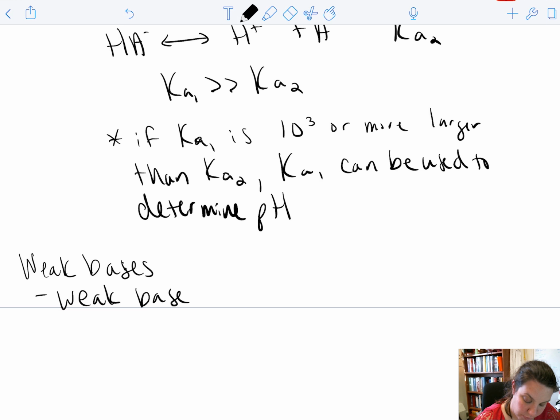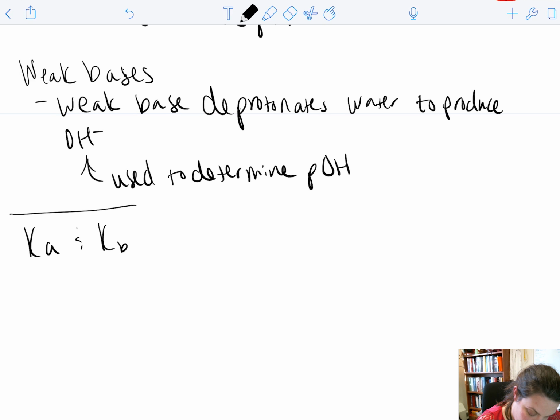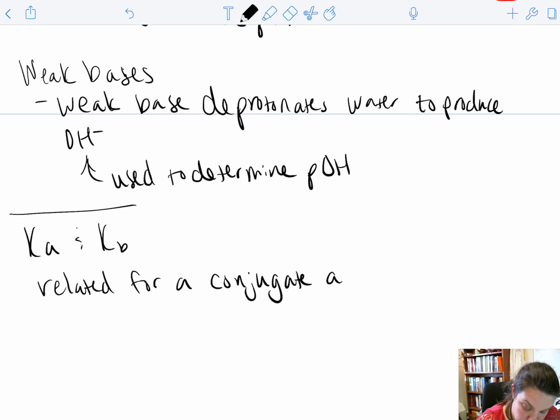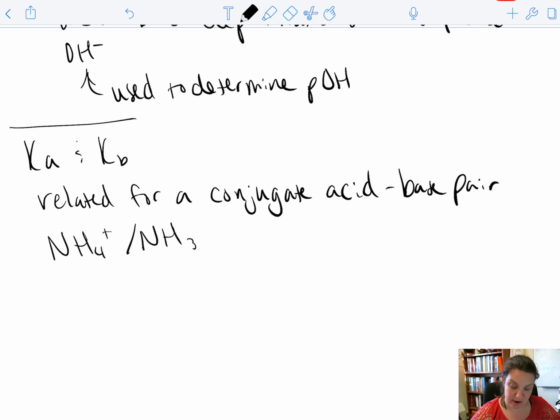Once we have our Kas and our Kbs, if we have a Ka and a Kb for a conjugate acid-base pair, they are going to be related. So if we think about the conjugate acid-base pair, NH4 plus, NH3, we have our acid and our base.